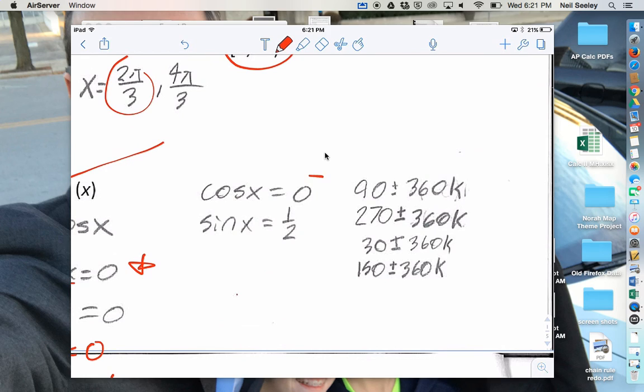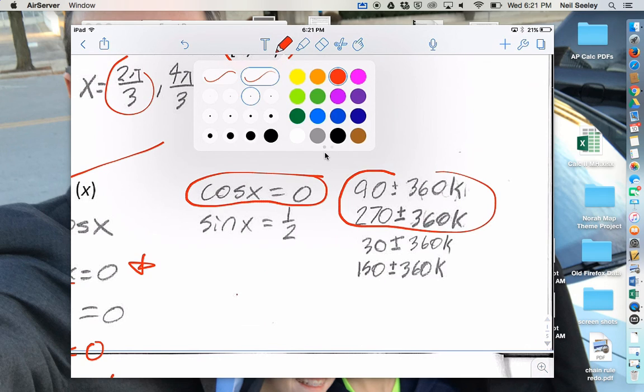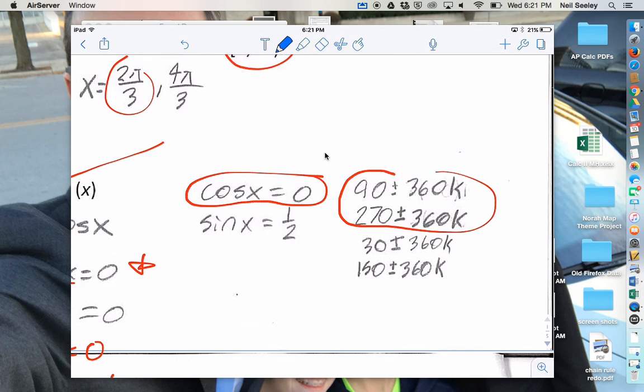So when is cosine of x equal to 0? That means when is the x coordinate on the unit circle equal to 0, and that's at 90 and 270. Then when is sine of x equal to 1/2? That's when the y coordinate is equal to 1/2, and that happens at 30 and 150 degrees.